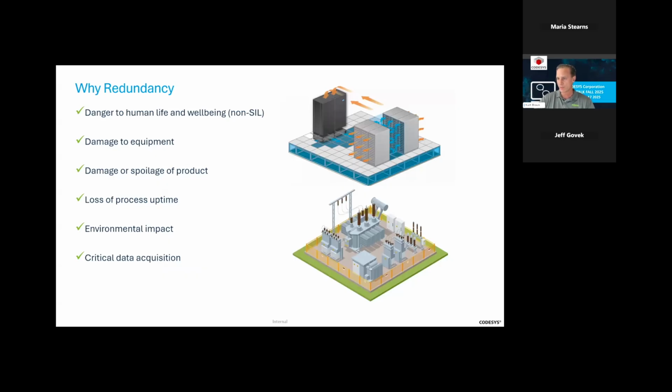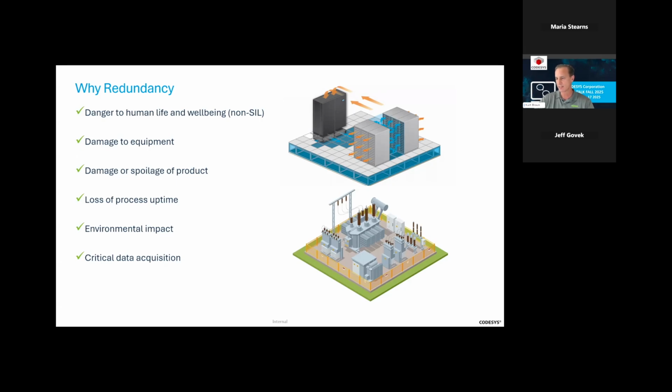If you've never used redundancy, these are some reasons why you would perhaps want to look at it. We see a lot of interest in life safety systems. Think of a factory that needs to monitor gas detection, or where there might be fire alarms or emergency lighting.